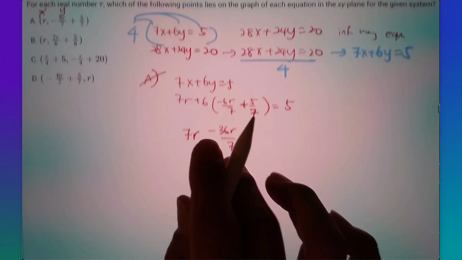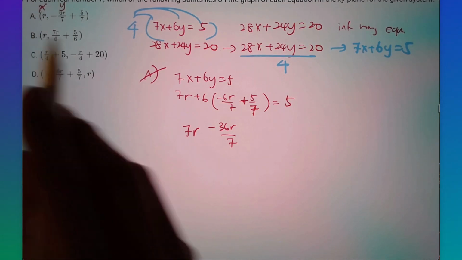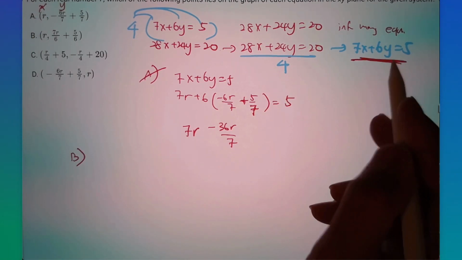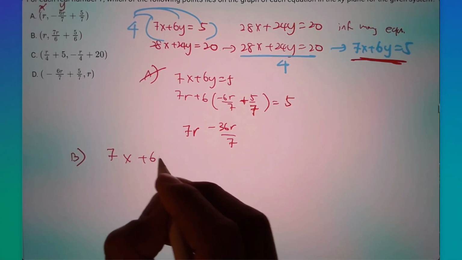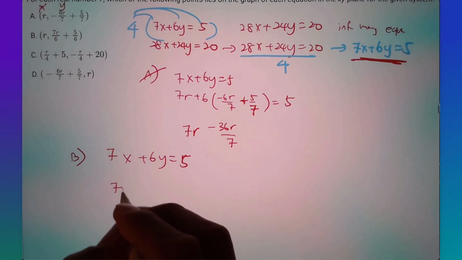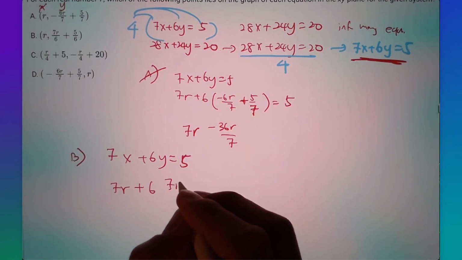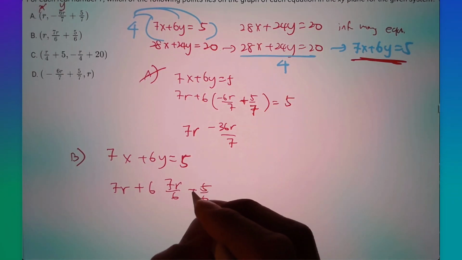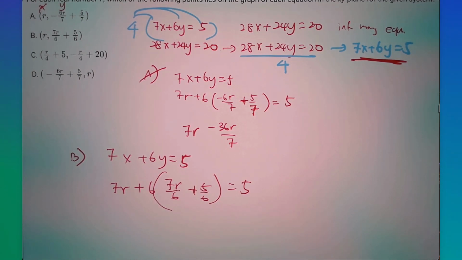Now let's go to B. When you plug x equals r into this blue one here, 7x plus 6y, let me rewrite that. I'm going to plug in x equals r, and y equals this entire thing, 7r over 6 plus 5 over 6, equals 5.